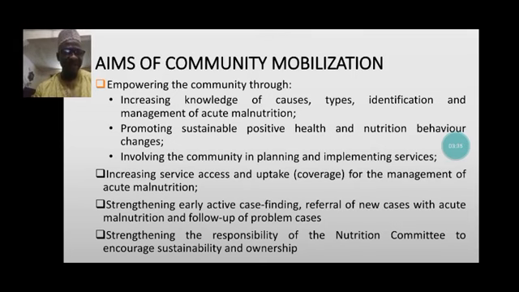Increasing service access and uptake, that is the coverage for the management of acute malnutrition, and strengthening early active case finding, referral of new cases of acute malnutrition, and follow-up of problem cases, strengthening the responsibility of nutrition committee to encourage sustainability and ownership.